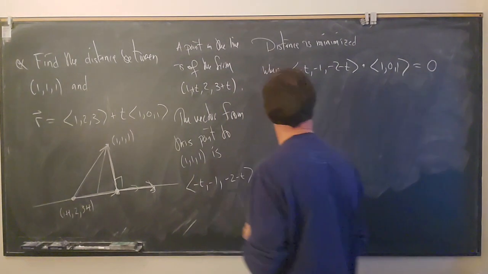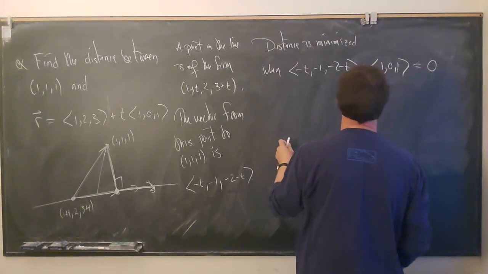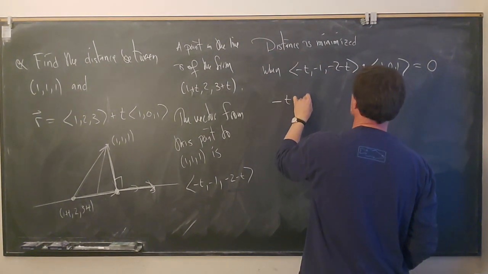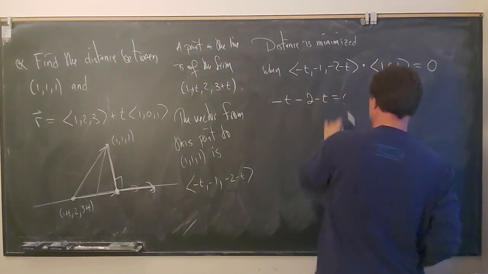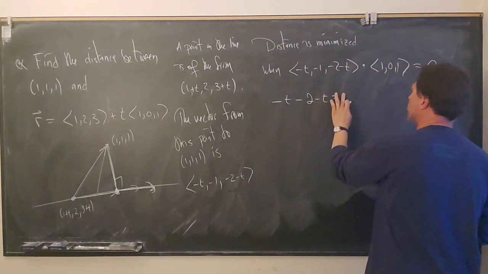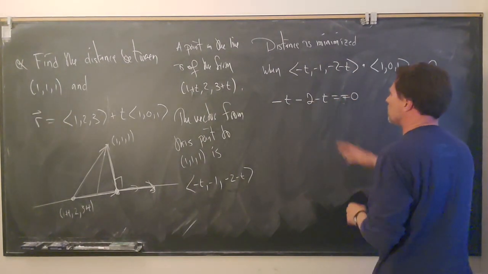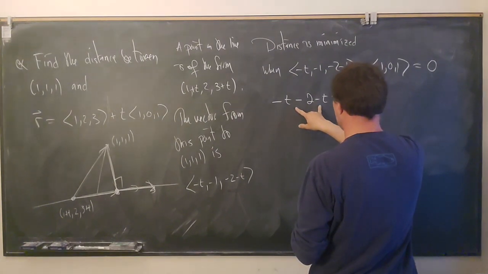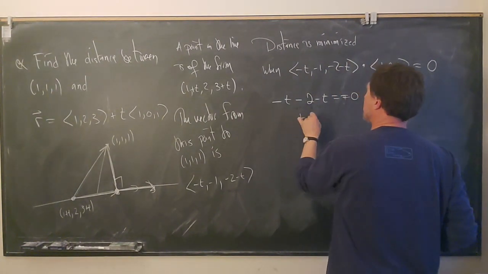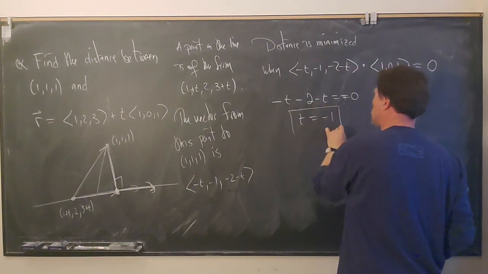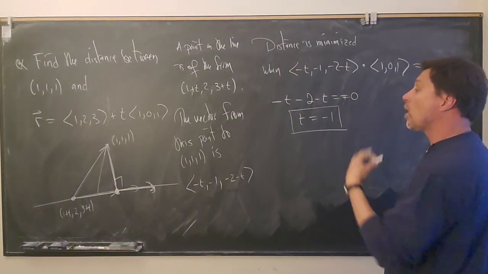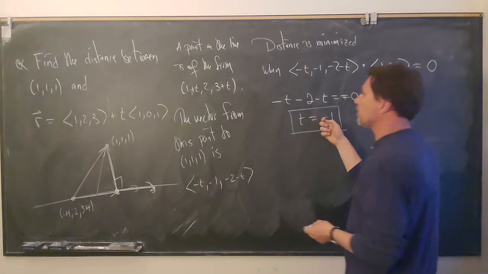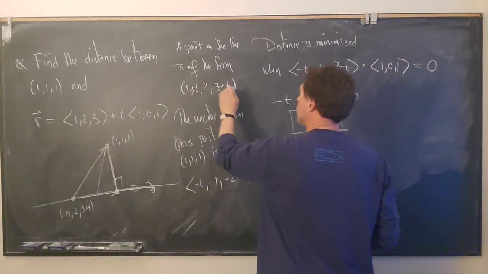That's minus t minus 2 minus t has to equal 0. I just took the dot product there. So that's negative 2t minus 2, which means that t has to equal minus 1. So the point on the line, when t equals minus 1, is going to be (0, 2, 2).